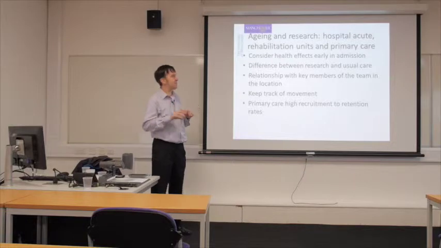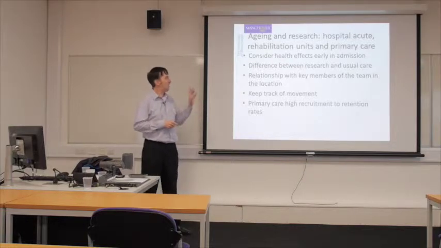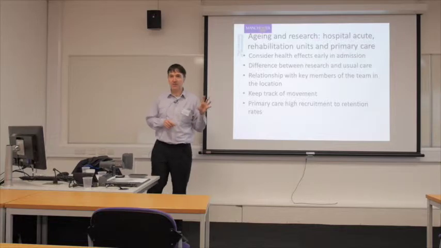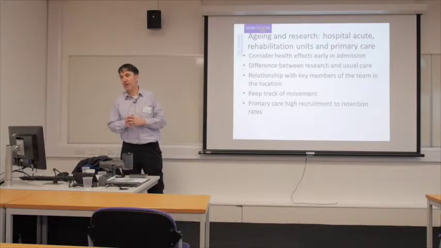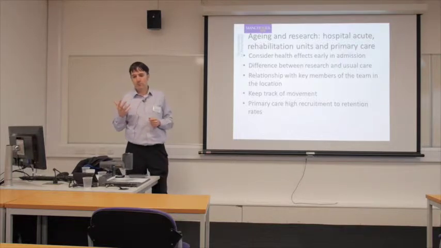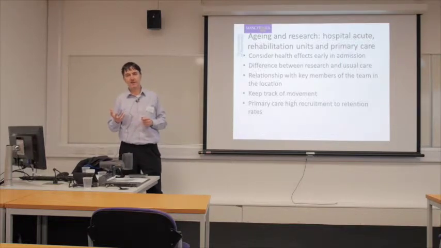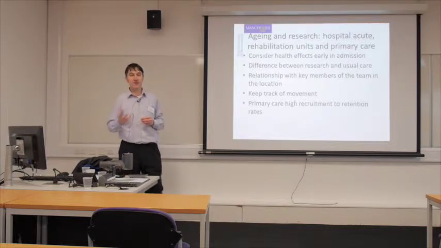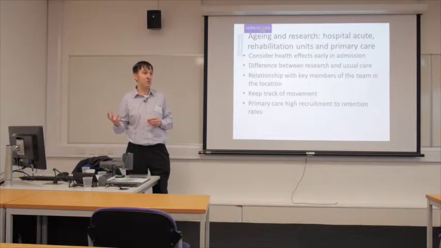So if your data has come from hospital resources, rehabilitation units, primary care, you've got to consider some particular issues around what that will include. Depending on the data you're looking at, you've got to consider what will the health effects during the early admission have an effect on the overall data.